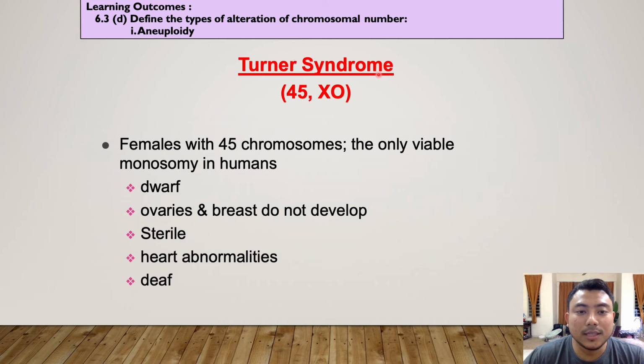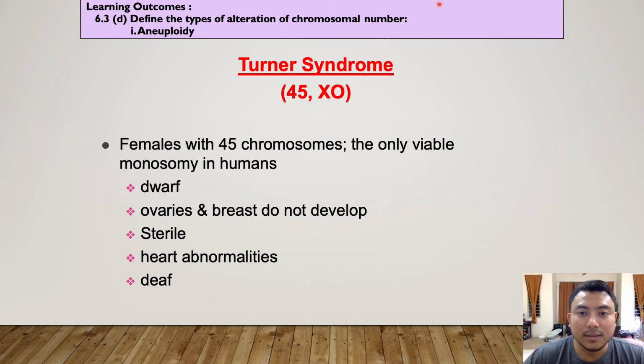So Turner syndrome is a female with 45 chromosomes. The only viable monosomy in human. Maknanya hanya satu-satunya monosomy yang survive dekat dalam human. Maknanya monosomy yang lain biasanya tak survive langsung lah. So this Turner syndrome, perempuan ni biasanya adalah dwarf, rendah. Ovaries and breasts do not develop.